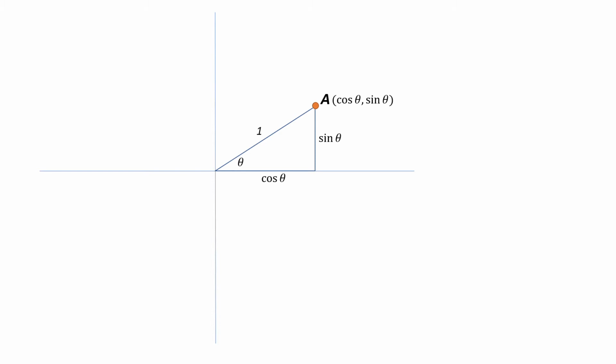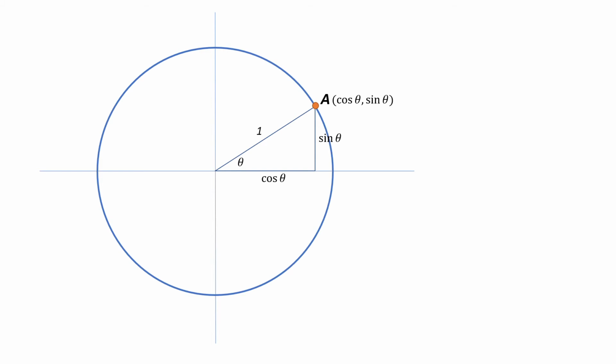And again, if you remember your geometry, you would know that it means that no matter what angle theta is, the point A is going to lie on a unit circle with the radius of 1 and a center at the origin of the coordinate system. All right?